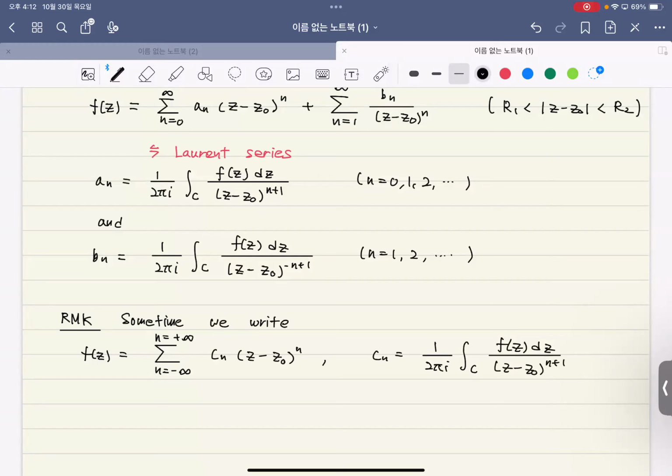This time around, the number n can be a negative integer. Okay, so this is the Laurent series.